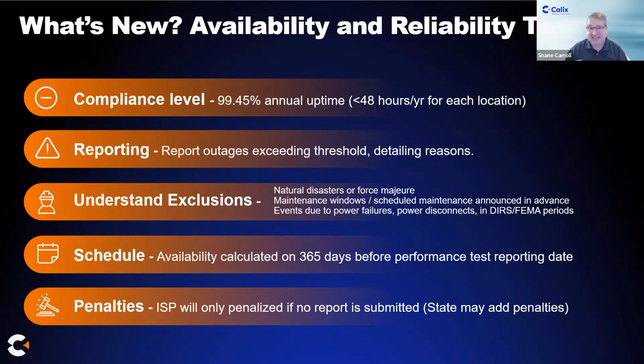If it's reasonably announced in advance, you can't just say, hey, 10 minutes from now we're going to go down. It has to be a reasonable announcement of the maintenance window. It allows them to take that exclusion data out and not count that against you for things that you're doing to better your network. Things like power outage, power disconnects, and FEMA periods, like we talked about with Hurricane Helene, that is way beyond this, and those will be allowed to be taken out of this.